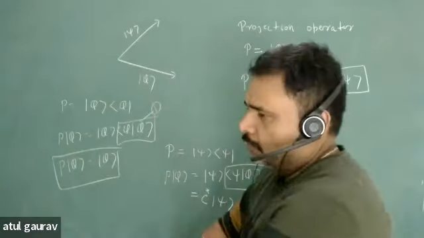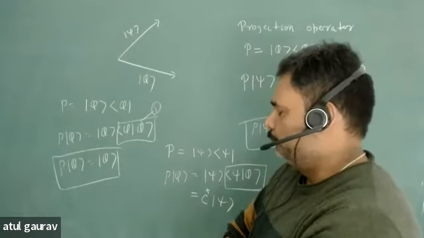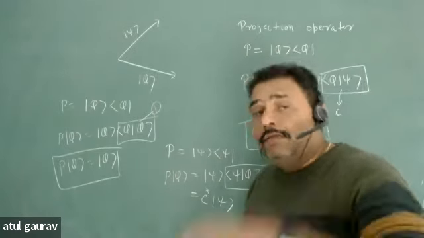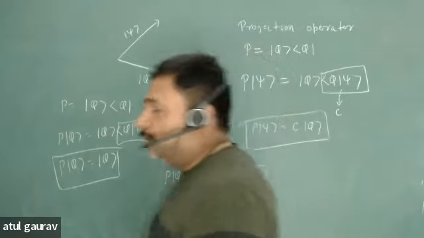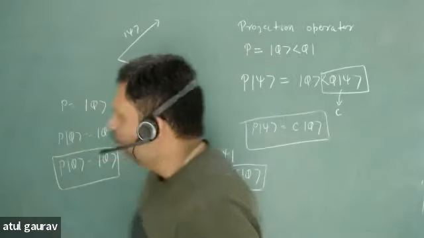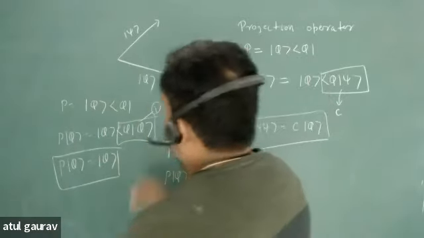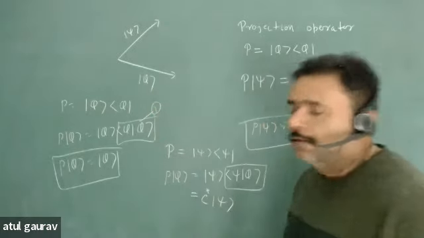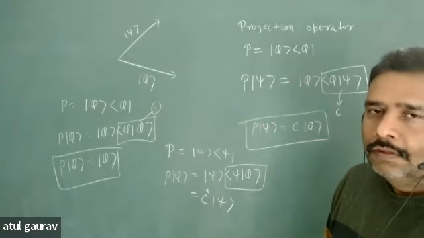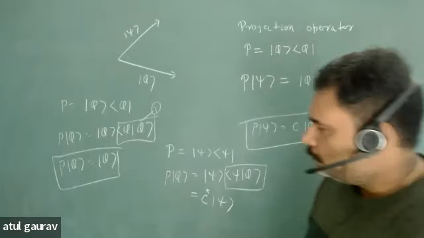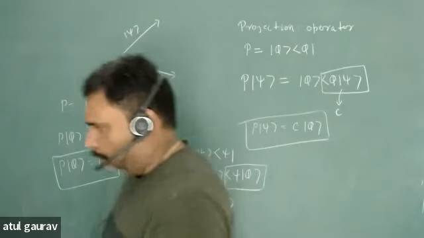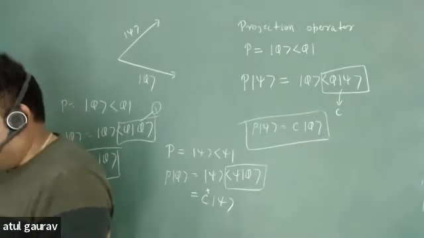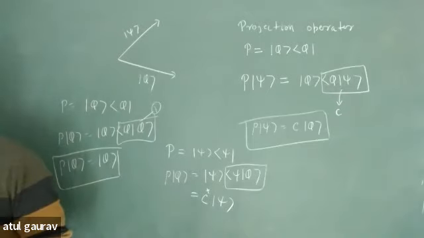The same vector. It would be, if phi is normalized, no? Yes, phi must be normalized if you are using it as a projector operator. So you have to use this particular thing. That means when we are applying any projector operator on some function, then that should be a normalized function.